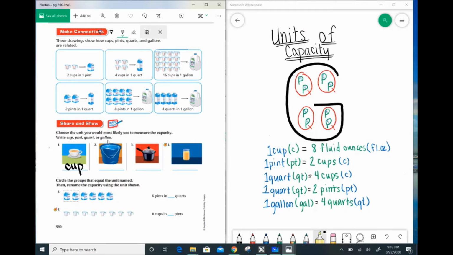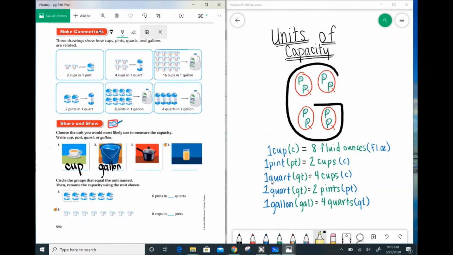Now the next one I see is like a little jug, a little bucket. I know pints are probably too small to measure it in, and quarts might be too small too. I think the best one to choose would be gallons. Now the next one I have is a pot, a cooking pot.